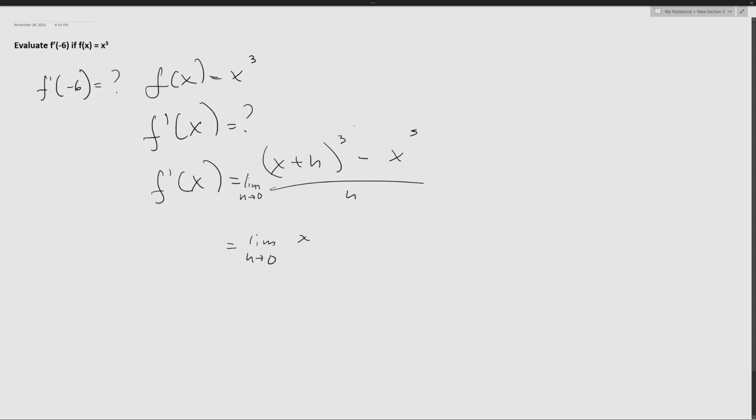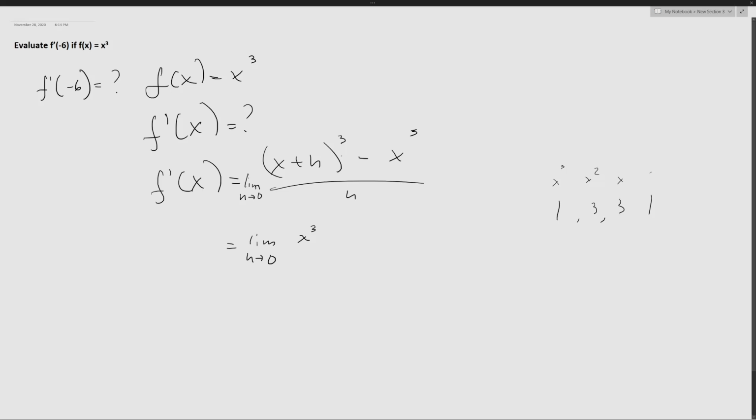x cubed. Again, if you remember the cubic formula, you could do that. Since we've done it in question 2, the formula is 1, 3, 3, 1. So this is the coefficient for x cubed, this is x squared, x, and then this is our constant, so it'd be times that.